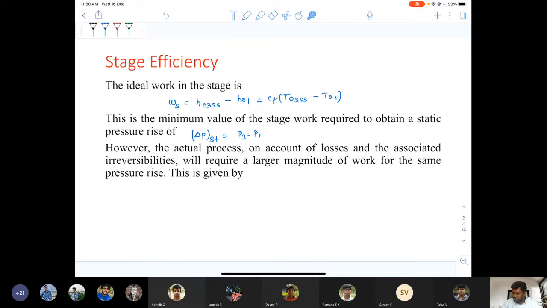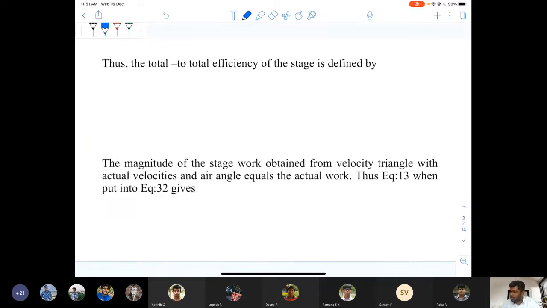This is given by the equation for the actual work, W_A, which is equal to H0 2 minus H0 1. The actual work happens only in the rotor. Therefore, it will be equal to H0 2 minus H0 1, and this will be equal to H0 3 minus H0 1, since these two works are independent.